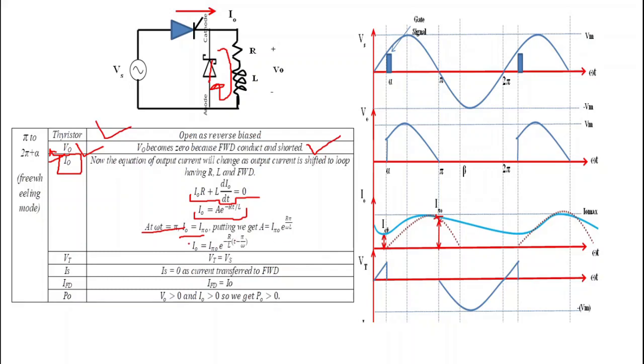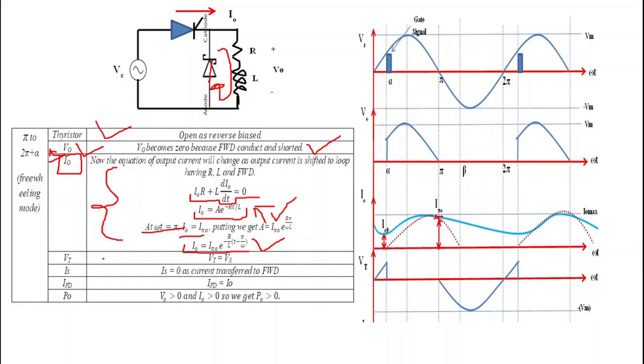So putting this we get A equals I pi naught e to the power R pi by omega L. Put this A in the equation of I0, we get I0 equals I pi naught e to the power minus R by L times t minus pi by omega. But this equation is not important from exam point of view.